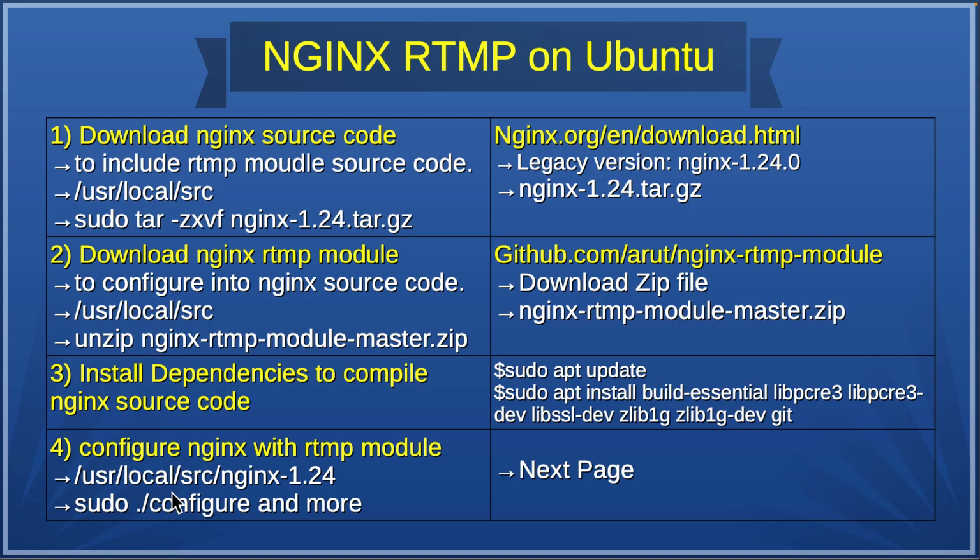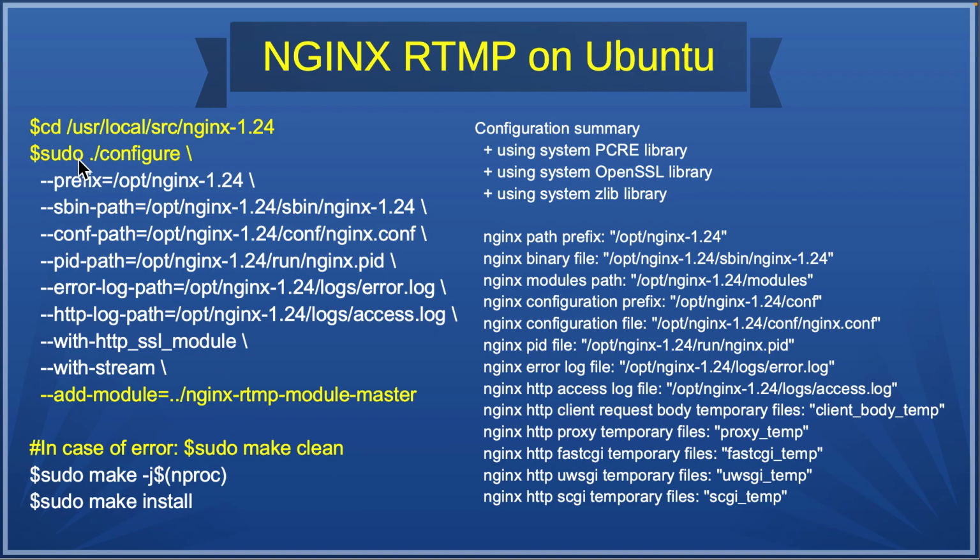You go to /usr/local/src/nginx-1.24. Next, you configure with these options: prefix, sbin path, conf path, PID path, and here the PID path is very important, and error log path, HTTP log path, and with the HTTP SSL module, with stream, and you need to add the module, nginx-rtmp-module-master.